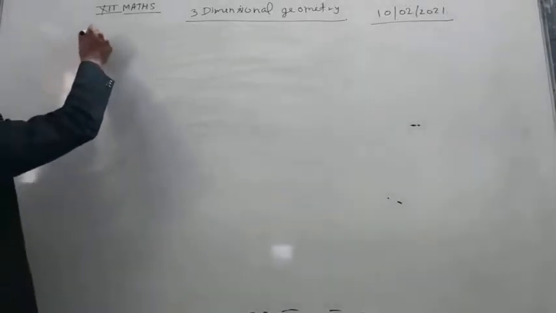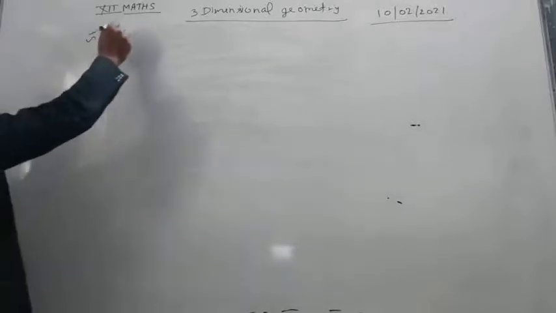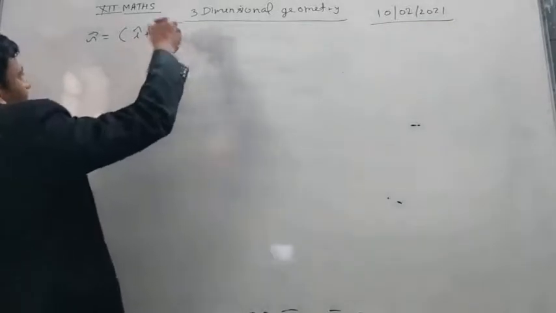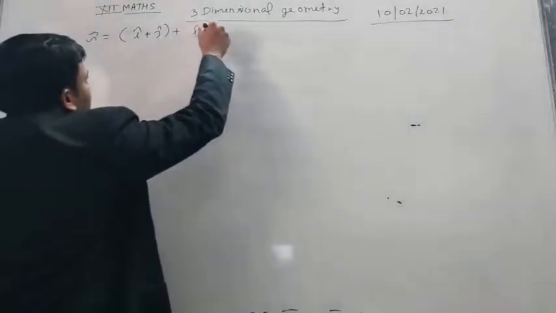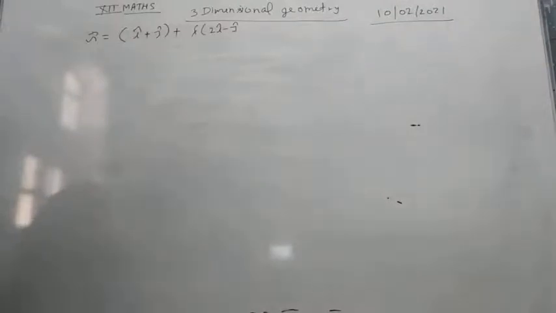We have to find the shortest distance in the next question, students, and the lines are given in vector form, which is i plus j plus lambda (2i minus j plus k).